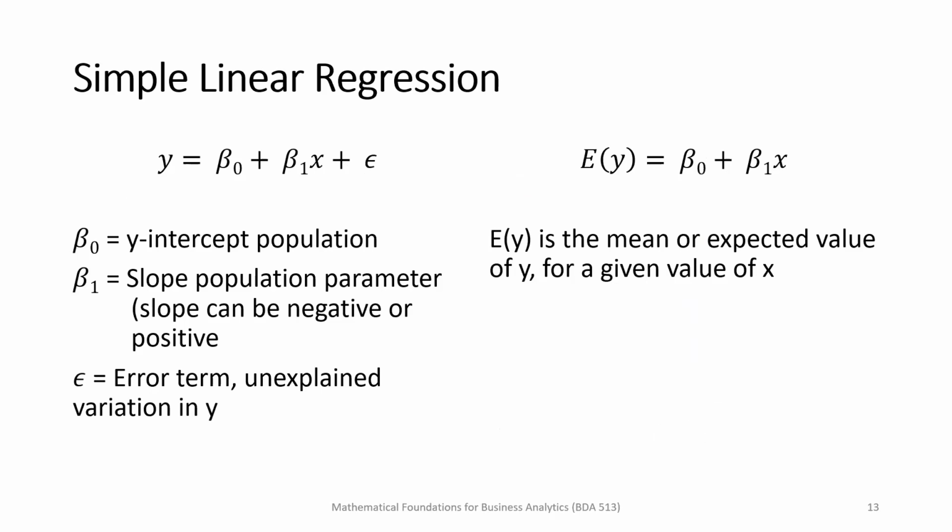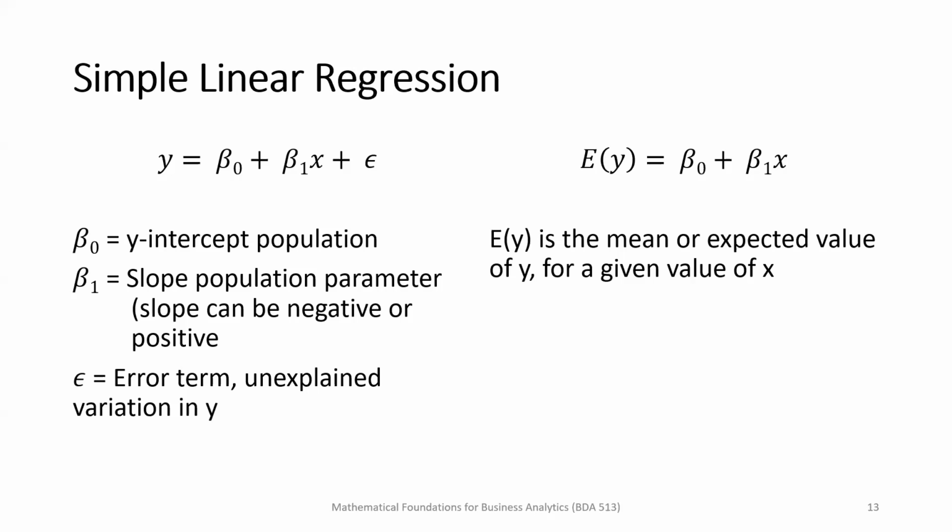The first one is the intercept population parameter, beta 1 is the slope population parameter, and epsilon is the error term, that is the unexplained variation in y.